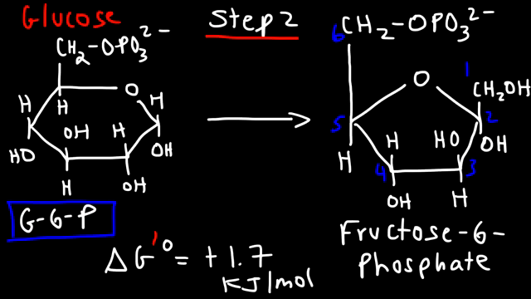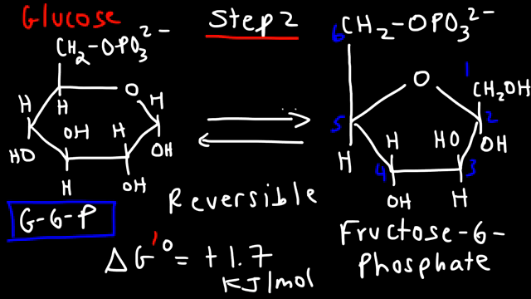If we look at the magnitude of this number, it's about 10 times less than the value that was in step 1, which was 16.7. So because this is so much smaller, we're going to say that this reaction is reversible. Now this reaction is facilitated with the magnesium 2+ cofactor, so we need that as well.